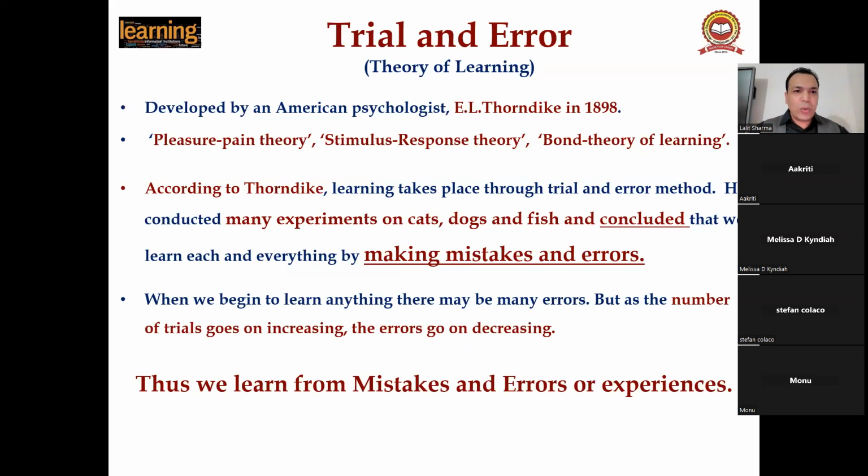Also pleasure and pain theory, SR theory, stimulus response theory, and the bond theory of learning. It was developed by the American psychologist E.L. Thorndike in 1898.